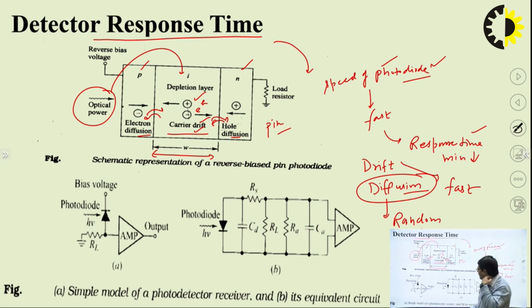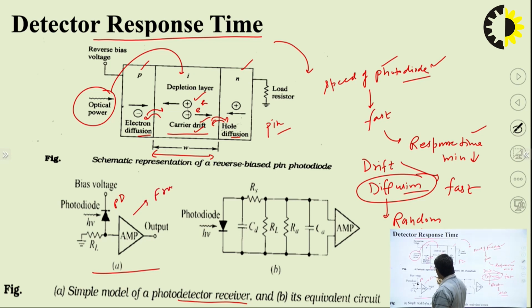Next, we have shown the equivalent circuit of the photodiode receiver. In the photodetector receiver, the first component is the photodiode or photodetector, then we have a front end amplifier, and this is the equivalent circuit. From this equivalent circuit we can see that there can be a number of resistors and capacitors present in the photodetector receiver.